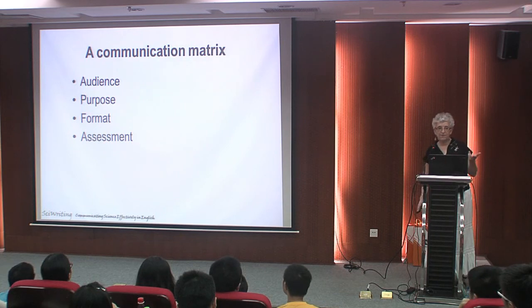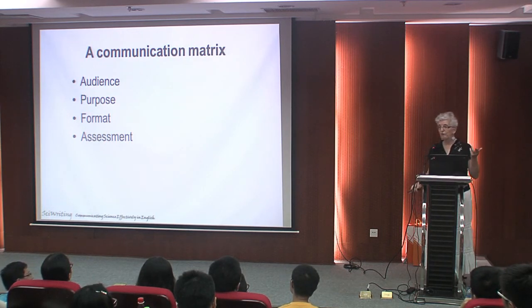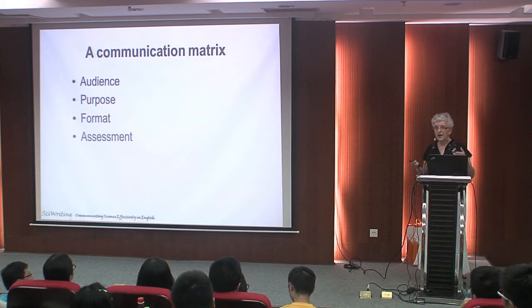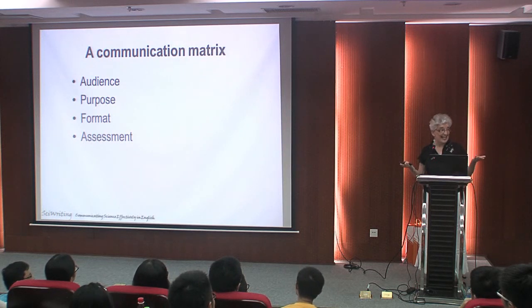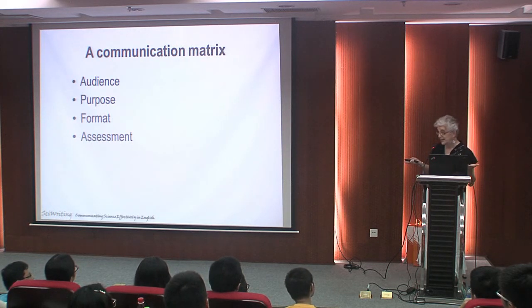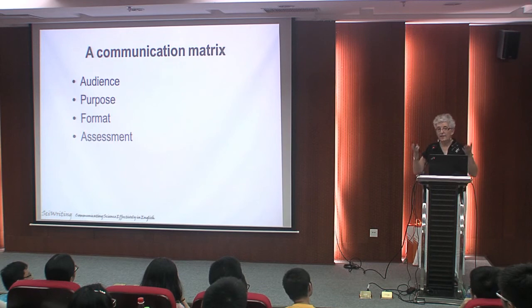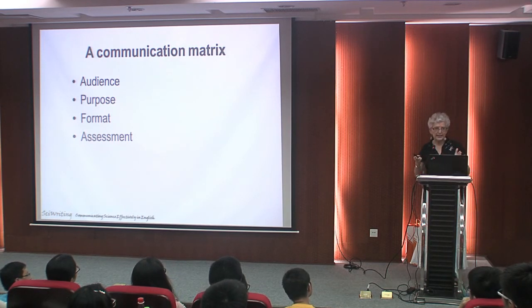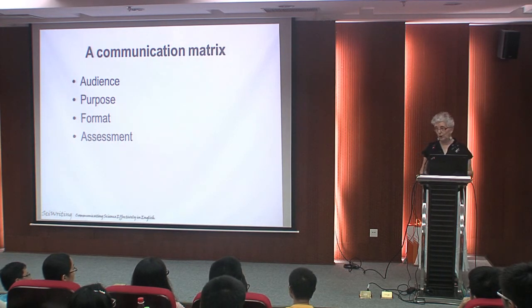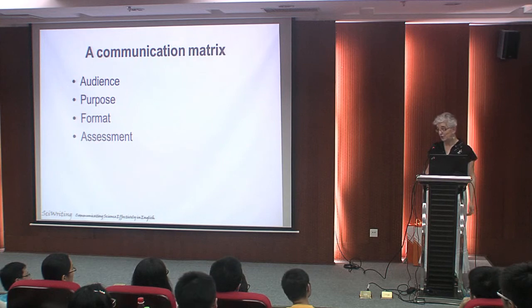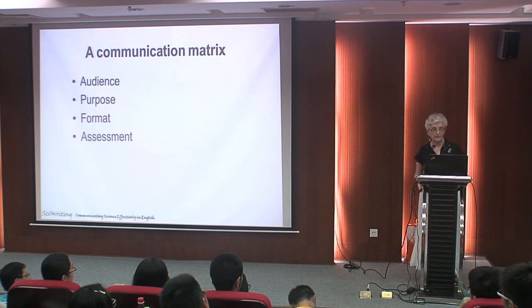Number three is format. For an article, the format is fairly set by the journal. Yes? These rigid formats have constraints. We must fit inside. But they also have very powerful opportunities. And we should learn to take advantage of the opportunities of the format.